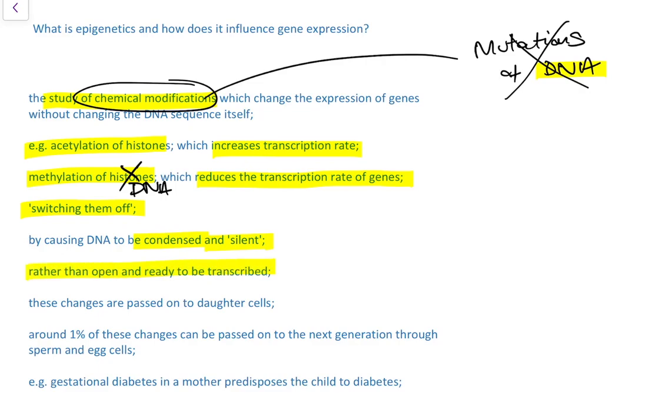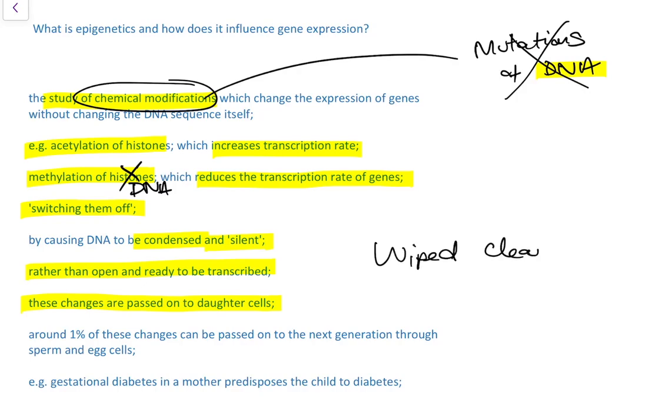With acetylation, it was causing the DNA to be more open, more transcribed. Now the idea of epigenetics is that scientists have found that some of these changes are passed on. Previously it was thought that all of those changes were wiped clean.